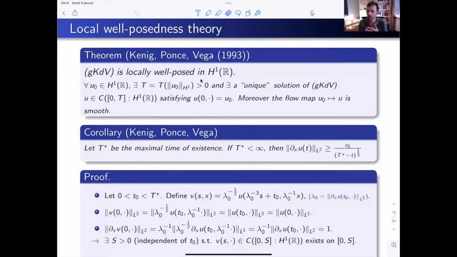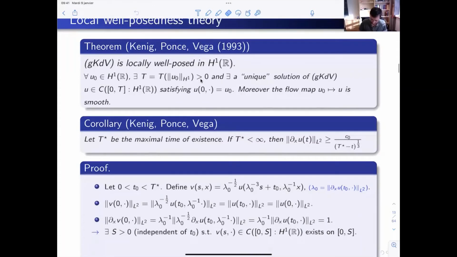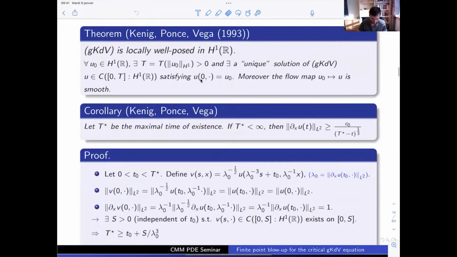So by the local theory, you can find that there exists a positive time that I call capital S, and what is important is that it is independent of t naught, such that we have a solution V of this problem, which is defined at least on 0 to capital S. And then if I do that, I will see that the time of existence t star of my solution U is larger than t naught plus lambda naught to the minus cube times capital S.